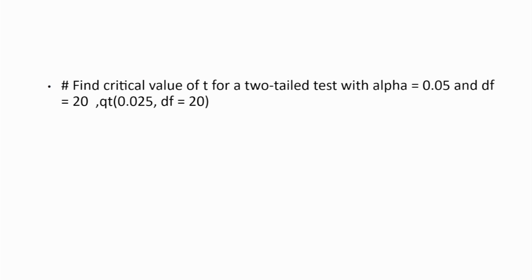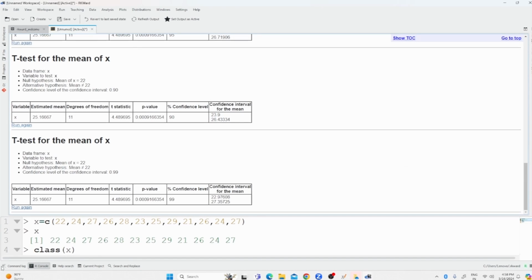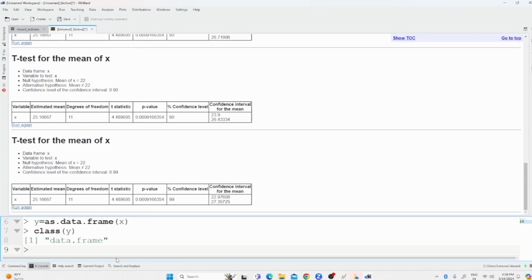This is a command which will tell you, if you want to know the t table, if you want to use the t table. Okay, let us use this. qt 0.025 and degree of freedom 11.